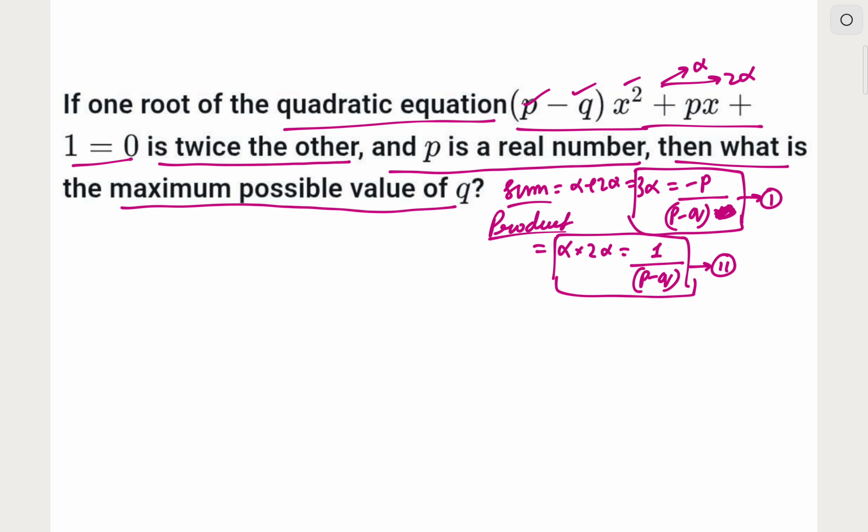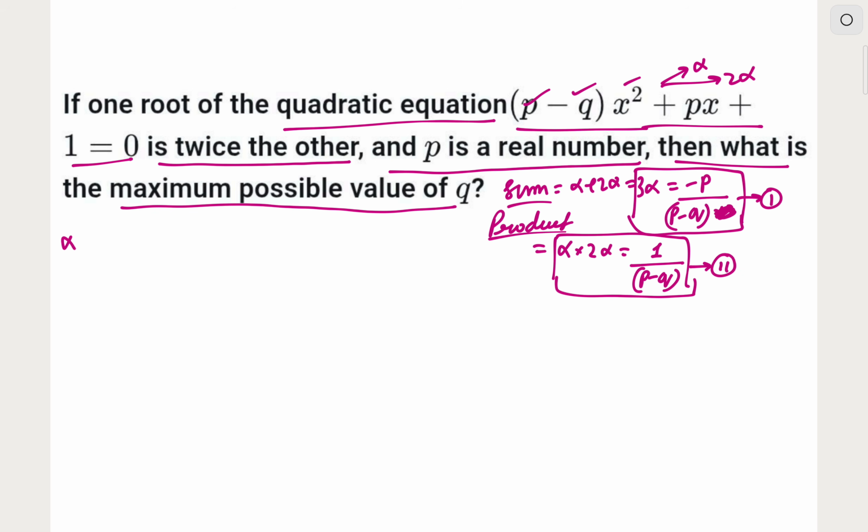Now do one thing, find alpha square from here. So alpha square is equal to p by 3(p minus q), whole square.